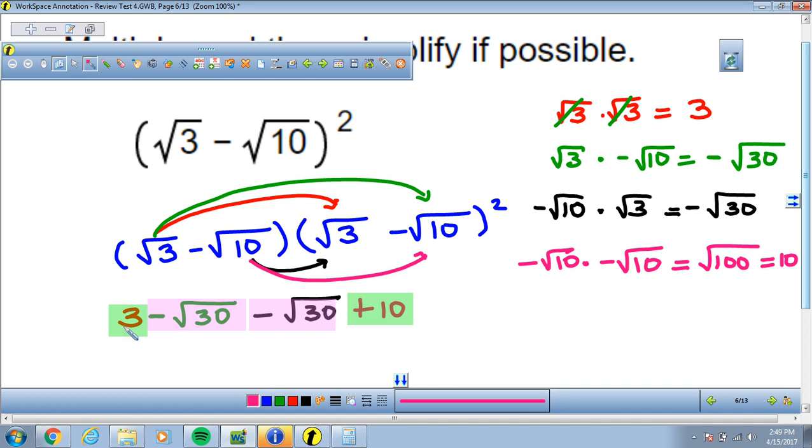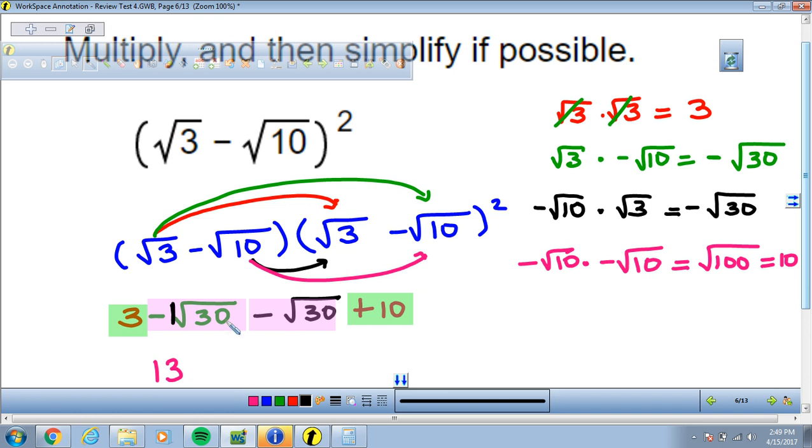So 3 plus 10, that's going to be 13. Both are positive. And then you have to combine negative square root of 30 with negative square root of 30. Imagine that there is a 1 here at the front and also here, even if you don't see any number. So that's going to be negative 2 square root of 30.